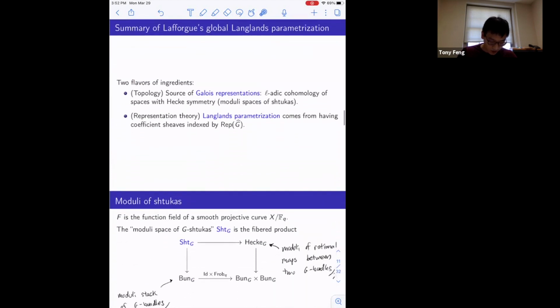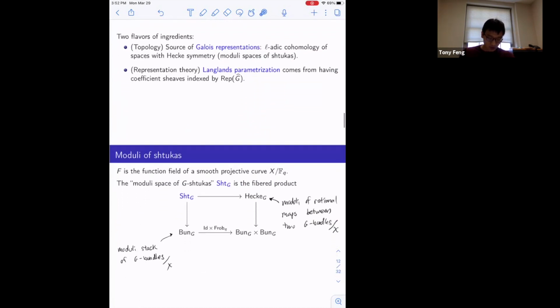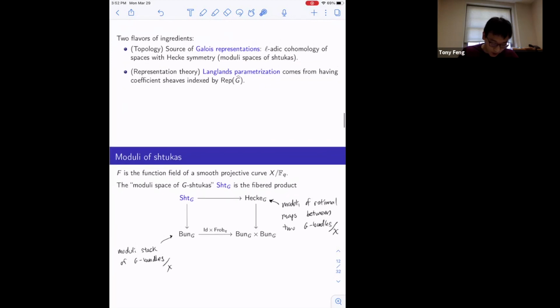Okay, so let me say a little bit more about this key space which enters into this, the moduli space of Shtukas. So we begin by observing that our global function field F is the function field of the unique smooth projective curve, which I'll call X, over a finite field.